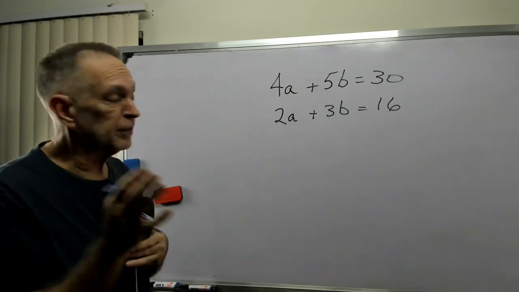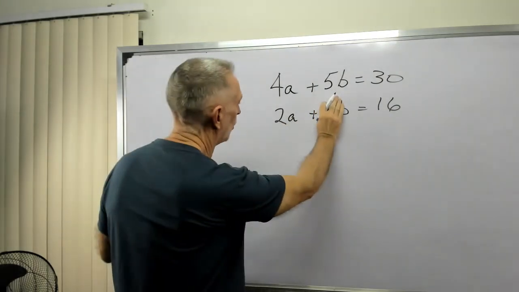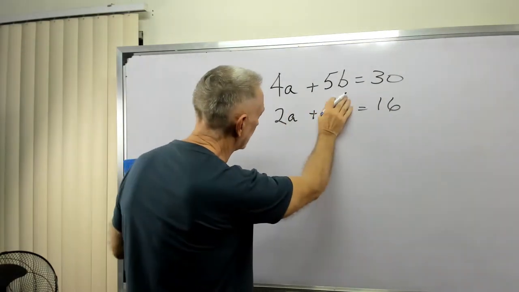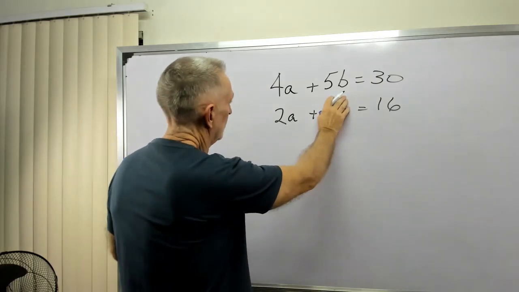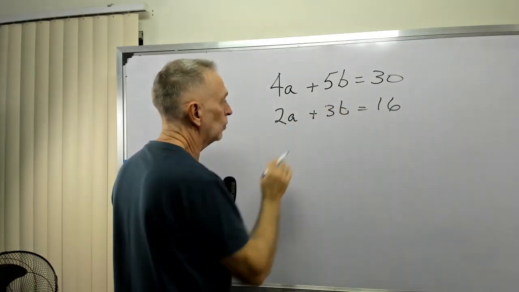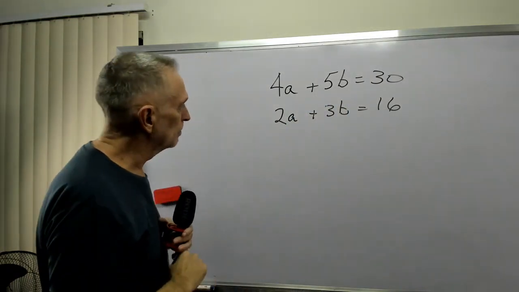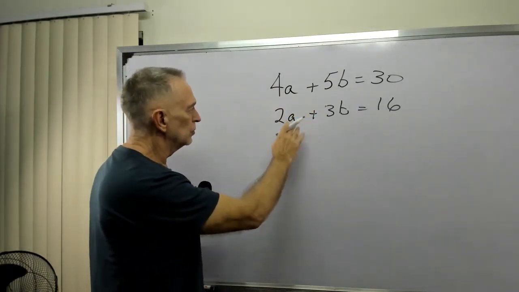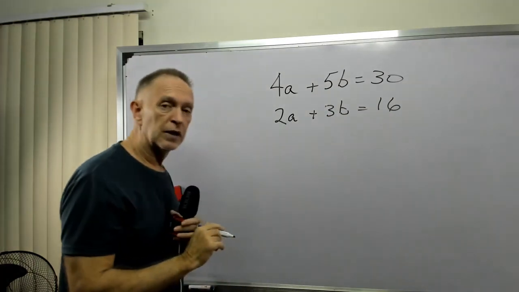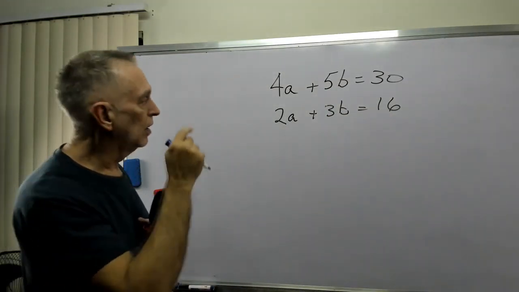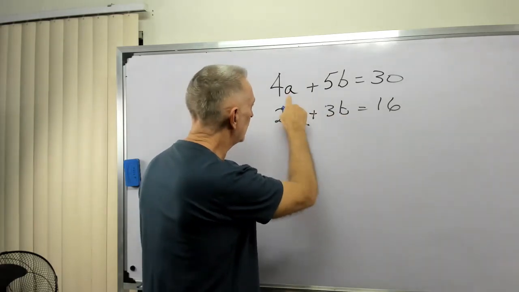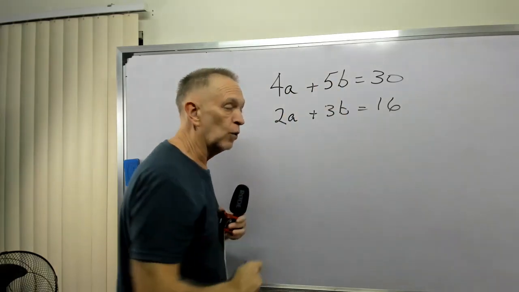We've solved equations where maybe we had one variable, 2a equals 16 for example, divide both sides by 2. Okay, a equals 8. We could do those things. But what if you have two equations? So two equalities, and we need to find an answer for A and B that satisfies both equations.